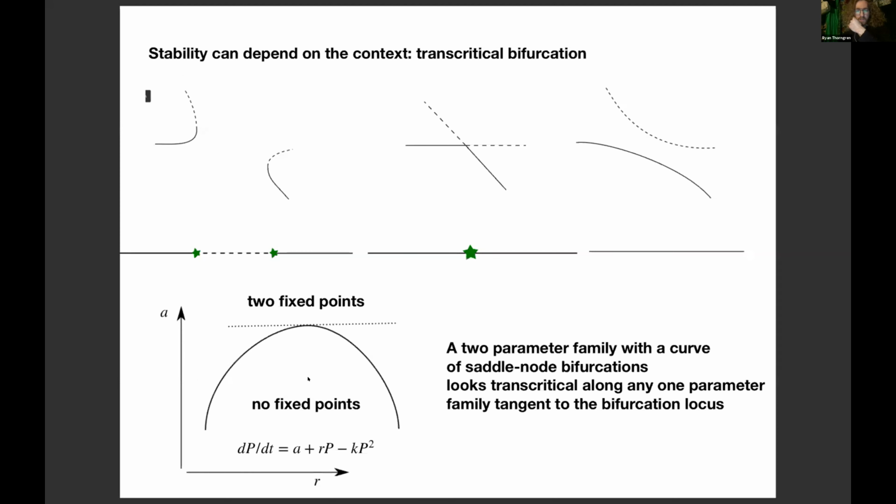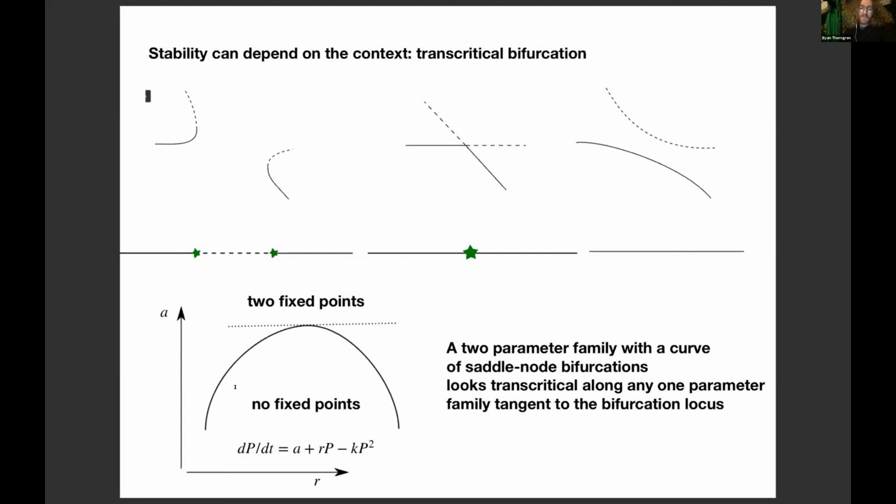Then you have no fixed points for a while, that's this region in between. Then you encounter another saddle node bifurcation here, where 2 fixed points are born again, and now we're in this region again. The transcritical, or now let me say this one where there's no bifurcations at all, we're always in the 2 fixed point region. That's just some line up here.